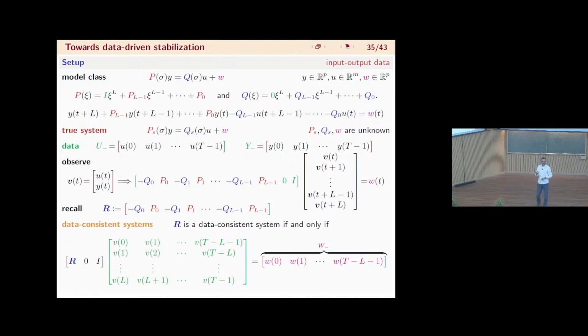I'm trying to figure out the data consistent systems. What I know is that this needs to be satisfied by the noise and the system parameters. And what I know is this data, finitely many data. So I write data into this green Hankel matrix. And when I multiply from the left by R, zero identity, it generates the noise matrix. It's an immediate consequence of the starting point.